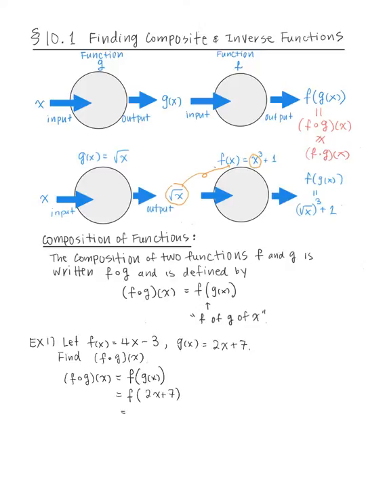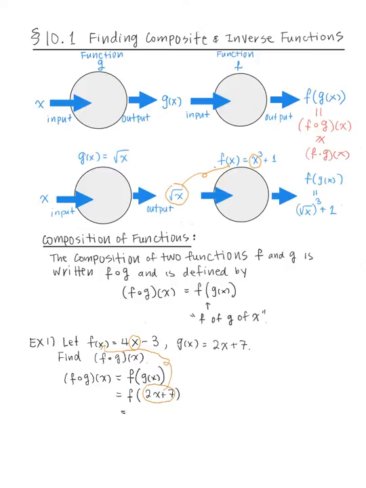This is one quantity, 2x plus 7. For f of that, you need to plug the entire 2x plus 7 into this x. So you're going to have to replace this x with 2x plus 7.